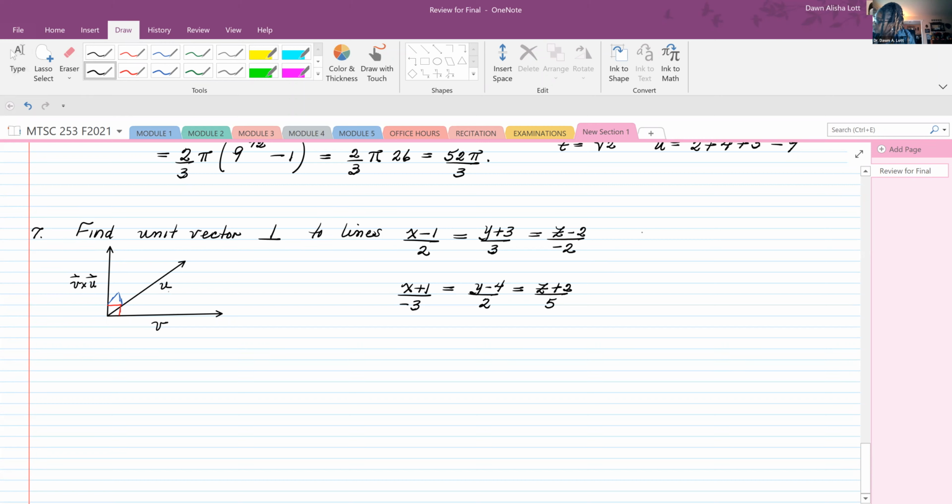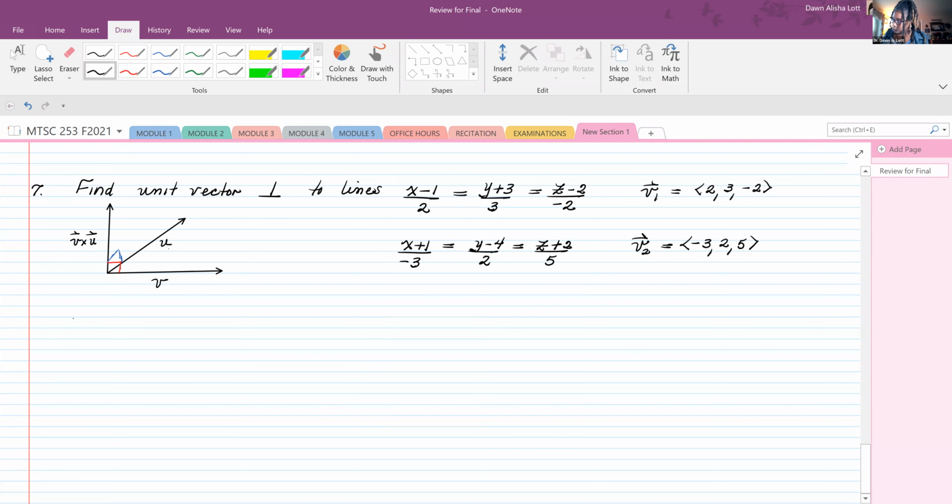Okay, the vector for this one, V1, is 2, 3, -2. So that's the direction vector for that line. And the direction vector for this one is -3, 2, 5. So now you cross them, V1 cross V2.